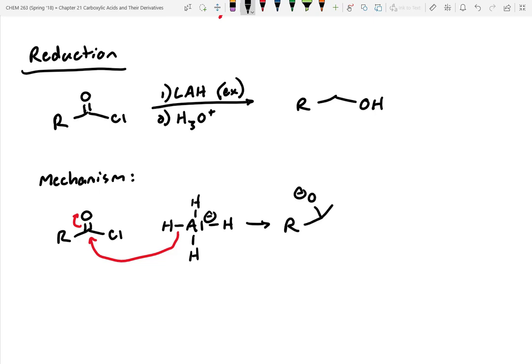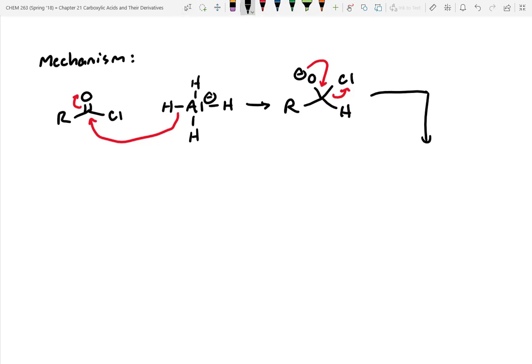Have an oxygen with a negative charge, your chlorine and your hydrogen. Then in the next step, this clamps down and can end up forming an aldehyde.